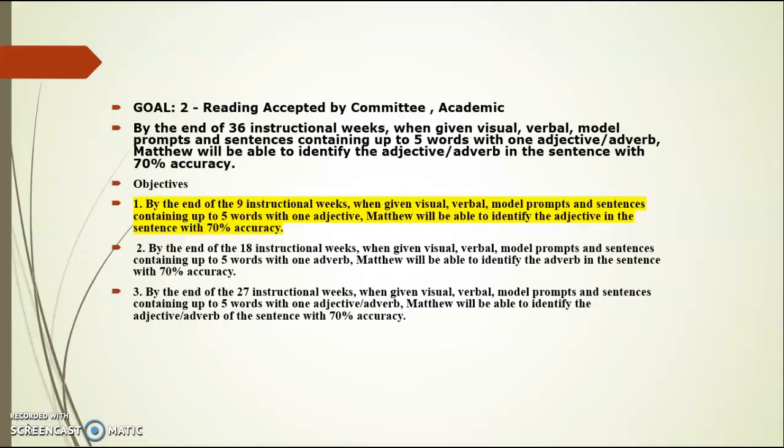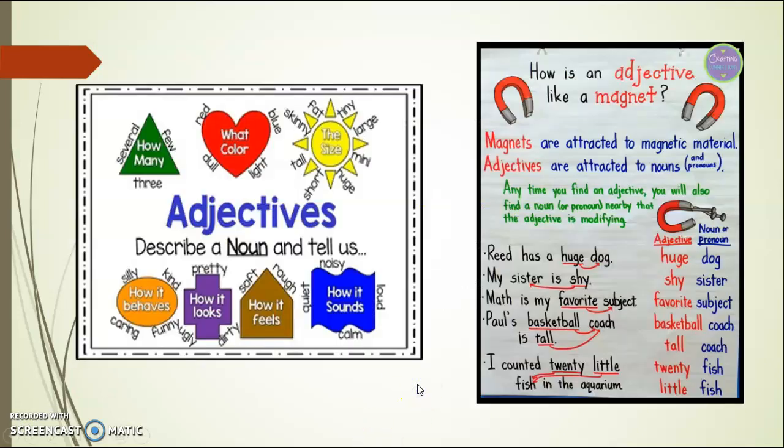So for goal number 2, Matthew, we are going to identify the adjective in a sentence. And here we know that an adjective describes a noun, and it tells us how many there are, what color it is, the size of it, how it behaves, how it looks, how it feels, or how it sounds.